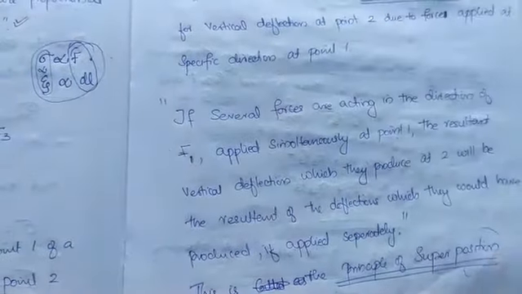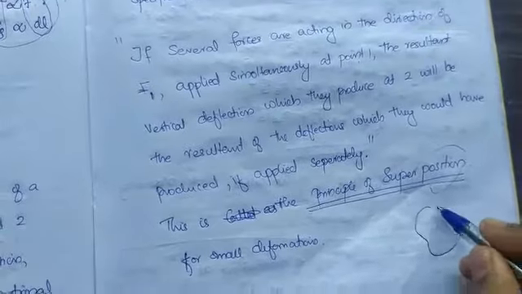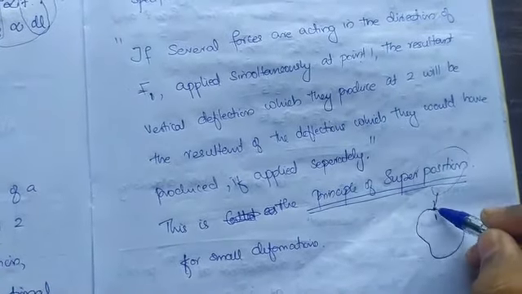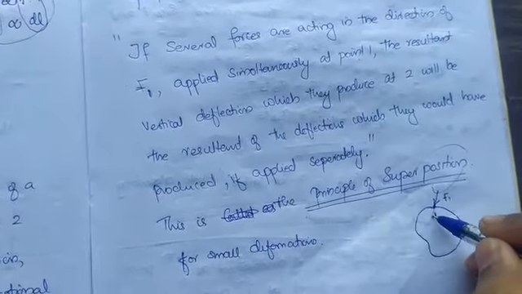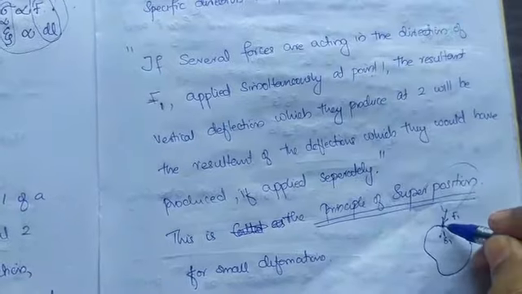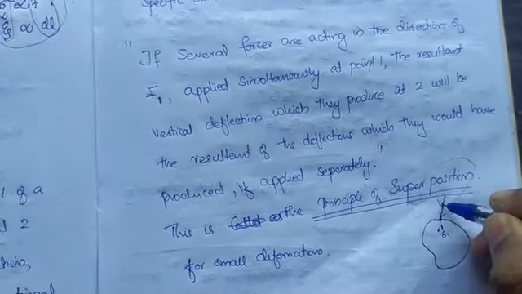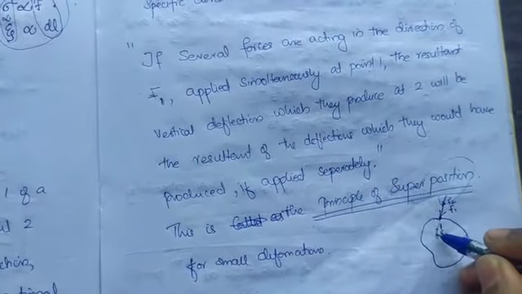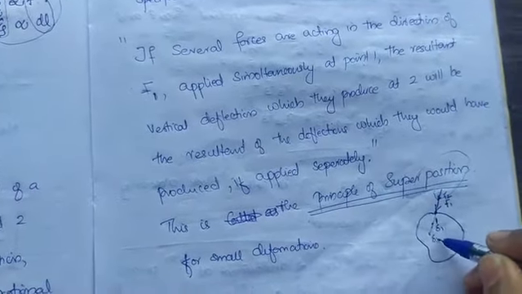That means if you have a body with a point 1, you apply a force F1 initially, which makes a displacement delta 1. Again, at the same point, you apply another load F2, and that makes a little more deflection, delta 2.